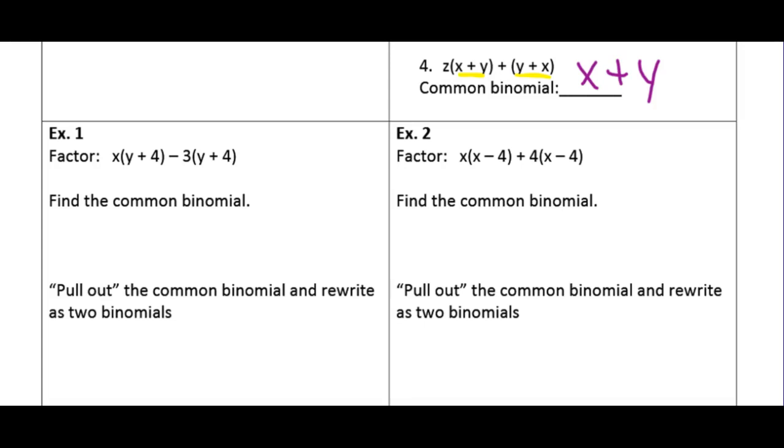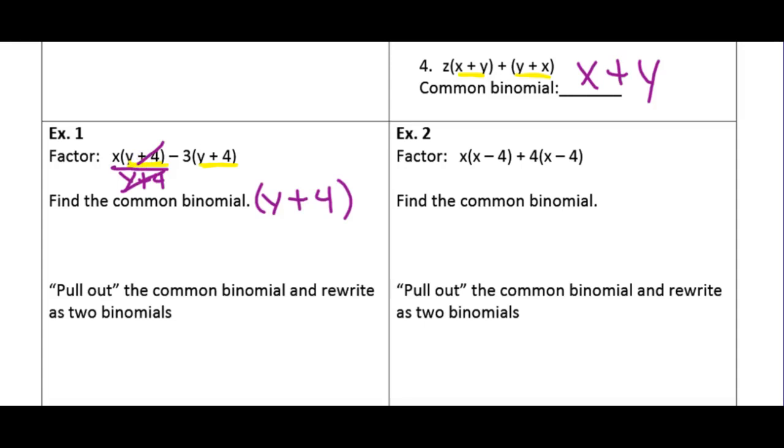So looking at example 1, I can see my common binomial. It's y plus 4. And I want to factor that out. So I have to think, if I remove y plus 4 from here, so essentially just like we did with the factoring by GCF, and removing that from that part of the problem, what's left behind?